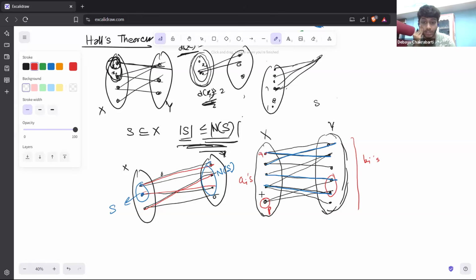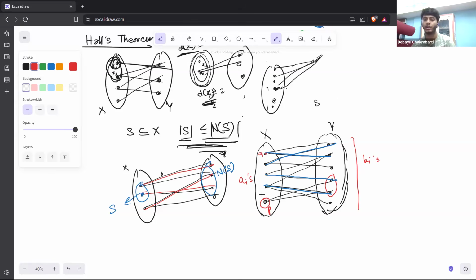I am trying to say that A1 to AI are already matched, that's a maximal matching. Say A1 has an edge to some vertex on Y that is not in BIs.